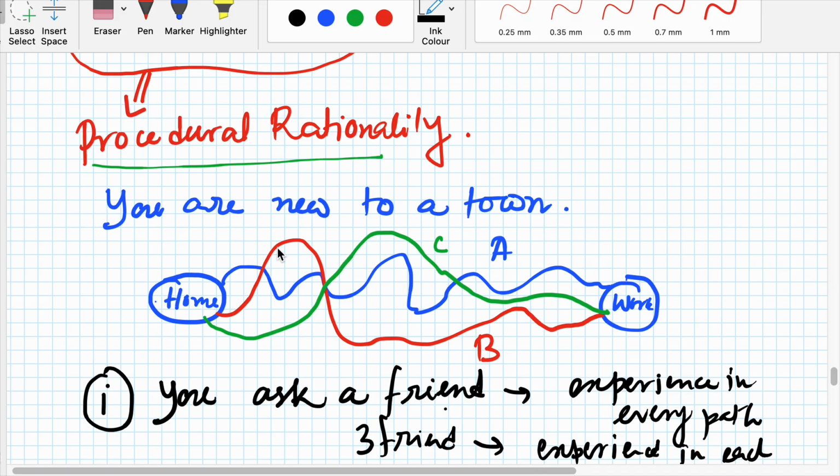It is called procedural rationality, and we have seen how a procedurally rational agent chooses one option among two lotteries: how she first samples each lottery, either by realizing the outcomes if she knows the probabilities with which they occur, or by asking a friend who has prior experience with the lotteries, and she uses that experience to associate a number with those lotteries, and that is why she chooses a lottery.